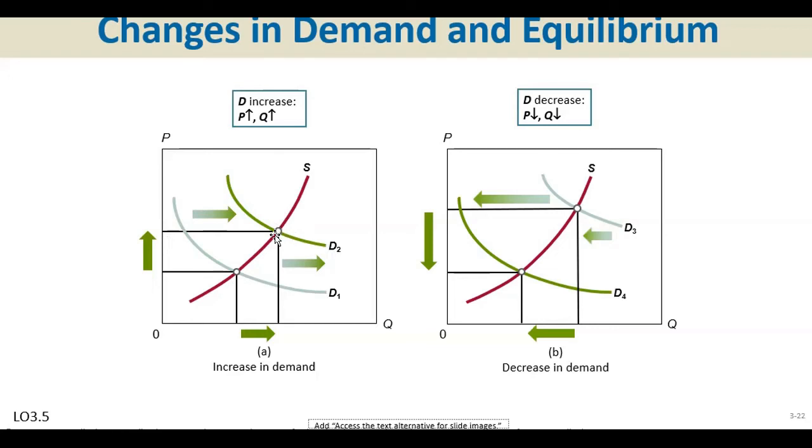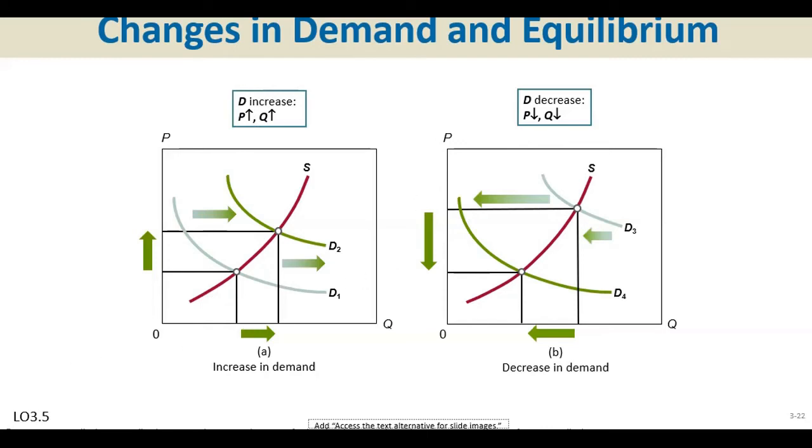What happened to the equilibrium price? The original equilibrium was here, the new equilibrium here. With supply being the same, if demand increases, you will see that the equilibrium price will increase and the equilibrium quantity will increase as well. And if demand decreases, the opposite will happen.